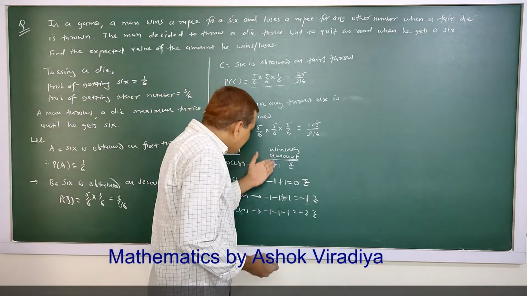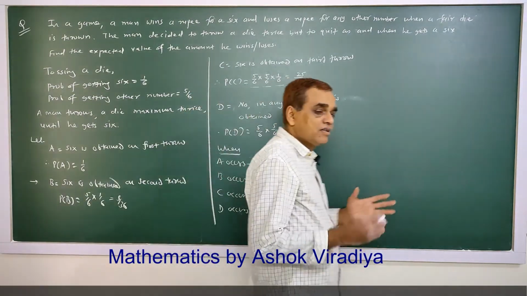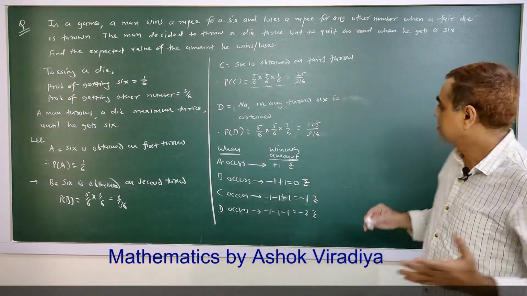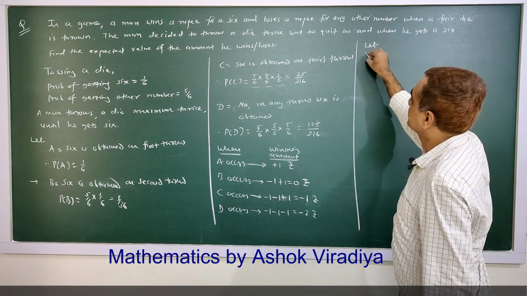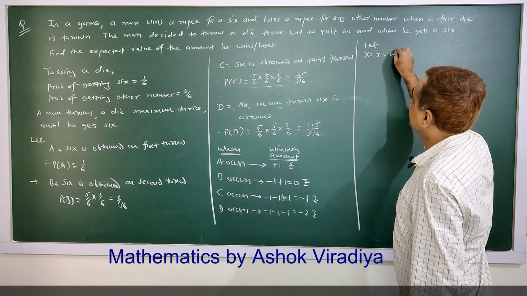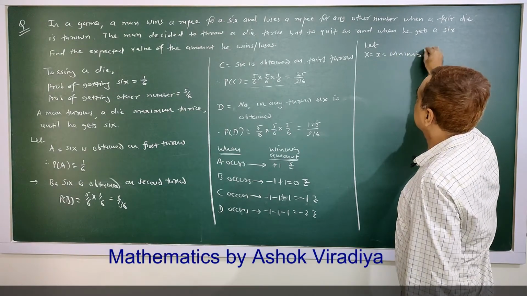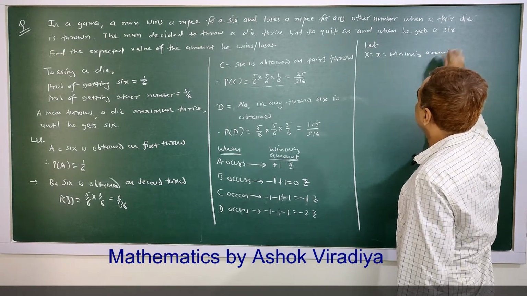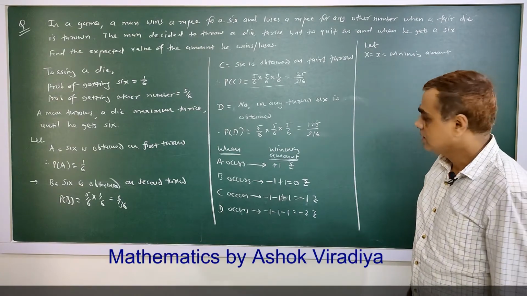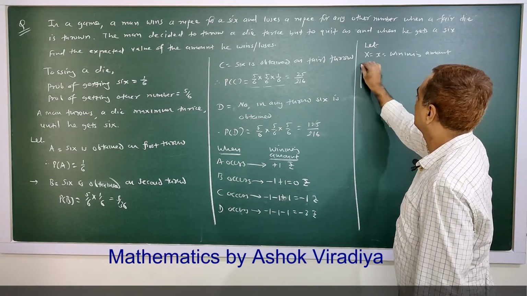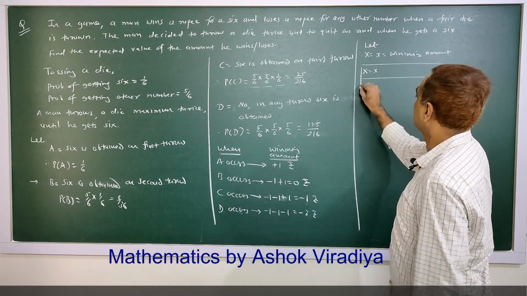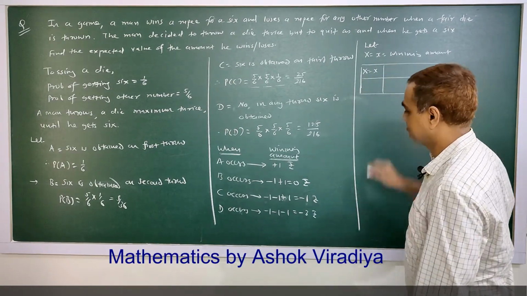So if we define these numbers as random variable, now we define random variable X. X be winning amount. So probability of this winning amount we can put in tabular form.